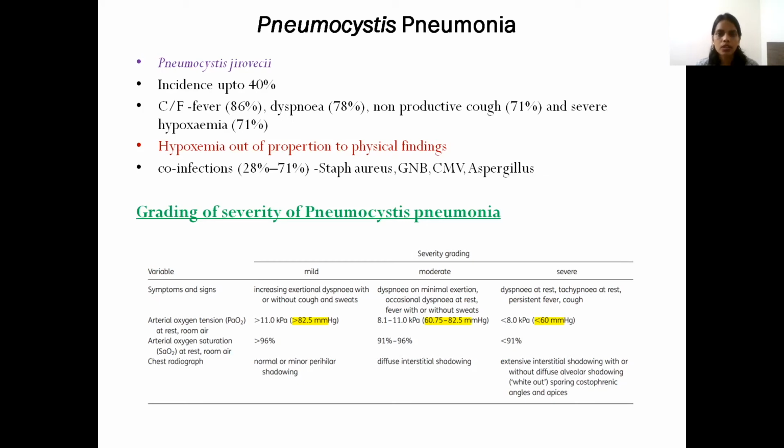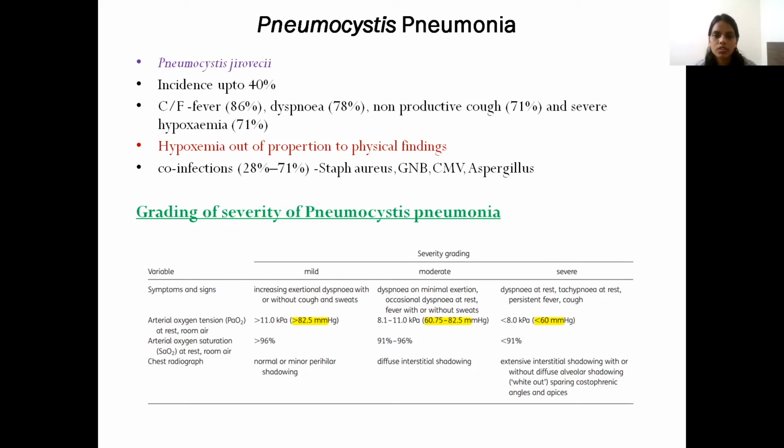The hallmark to suspect Pneumocystis infection is hypoxemia out of proportion to the physical findings. Pneumocystis infection can also be associated with other co-infection in up to 70% of cases. This co-infection can be due to Staph aureus, gram-negative bacilli, CMV, and Aspergillus.